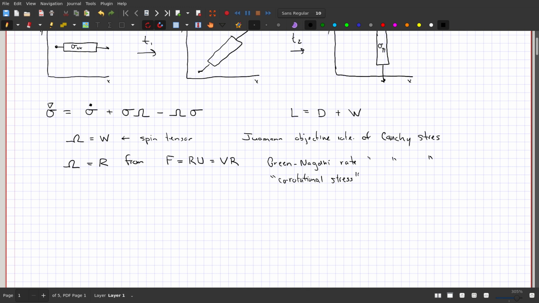However, you might ask, well, if the Jaumann rate is known to oscillate under pure shear, why would anyone ever use it? I mean, these days as computers have gotten faster, the excuses are fewer, right? But the theory behind this has been around for a long time, and there was a time 20 years ago, or 30 years ago, when people were trying to do these computations, and every flop mattered.